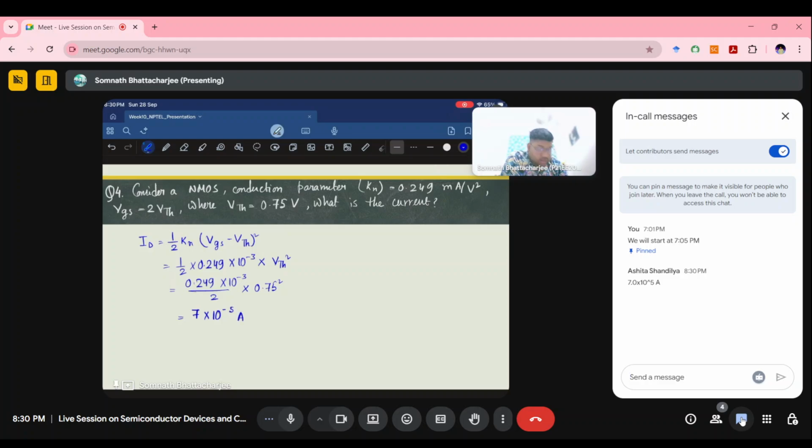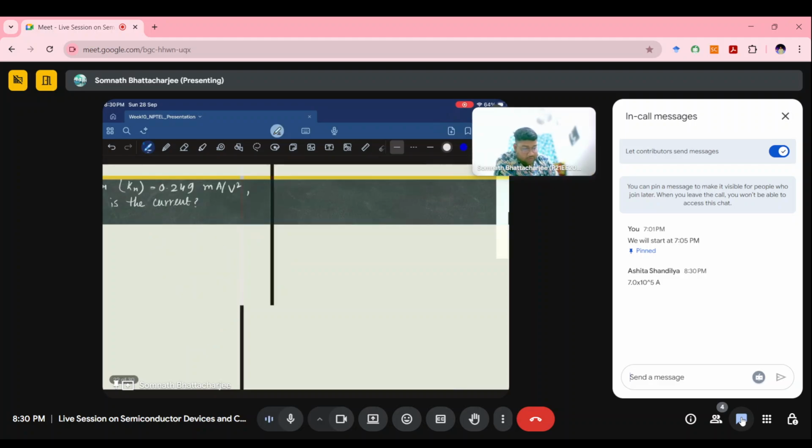Yes, so this is minus 5. We can write it as 0.07 milliamps. Or, if we are writing it as microamperes, it will be 70. So that will look like a very huge number.